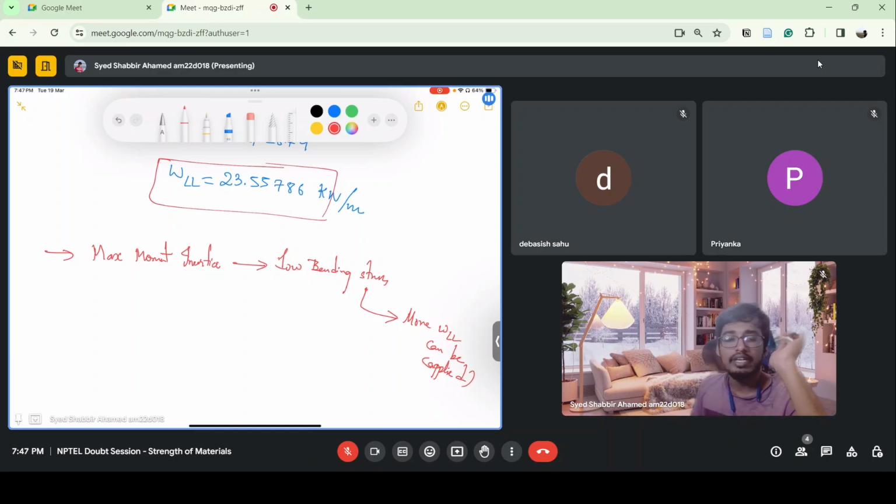That will lead to more moment of inertia, and more moment of inertia will lead to higher flexural rigidity. Flexural rigidity is E into I. So if the material is same and moment of inertia is maximum, E into I will be maximum, and that's how it can affect.